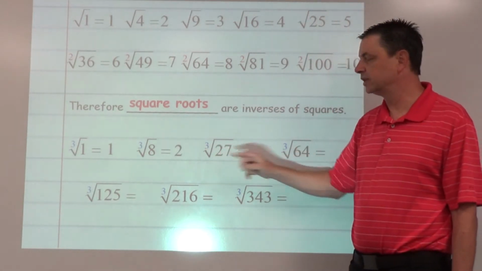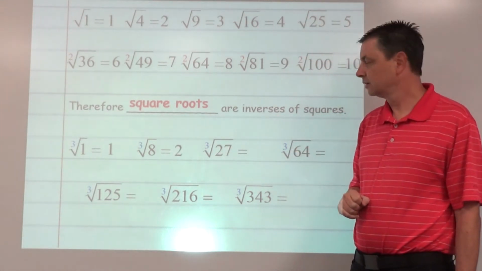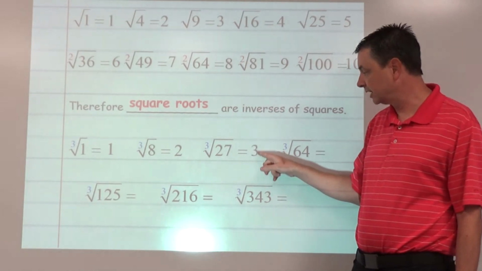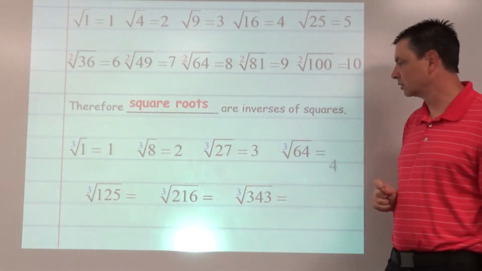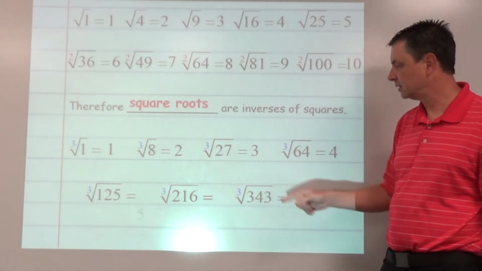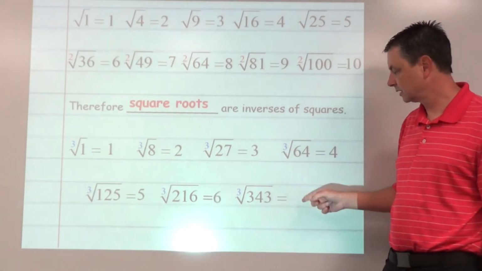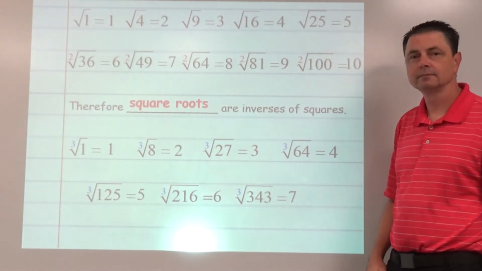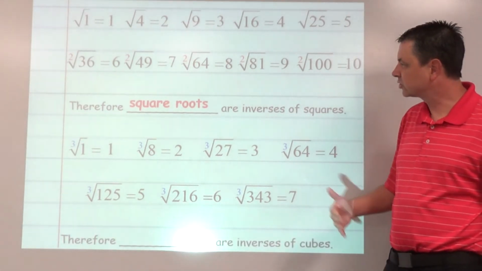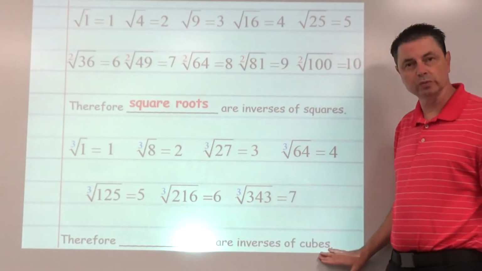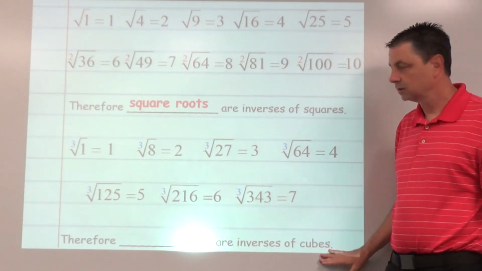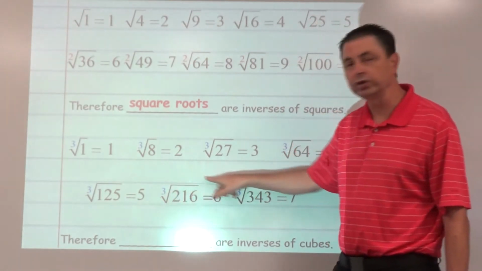What would you cube to get 27? 3. Because 3 to the third power is 27. 4, 5, 6, and 7. So, what would be the inverse of cubes? Cube root.